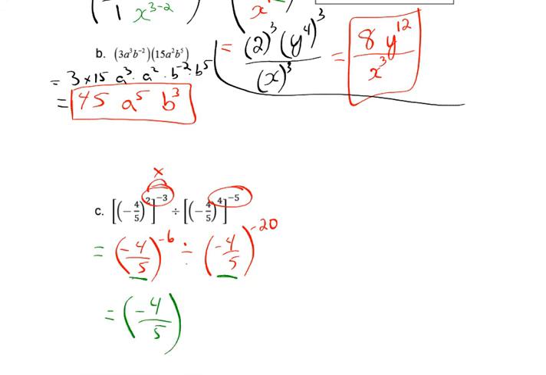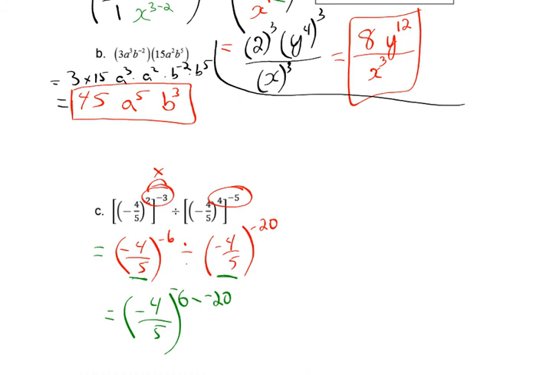-4/5, -6. If we're dividing, subtract the next exponent. So we got -6 minus -20. Wait a minute. Subtracting is the same as adding the opposite.